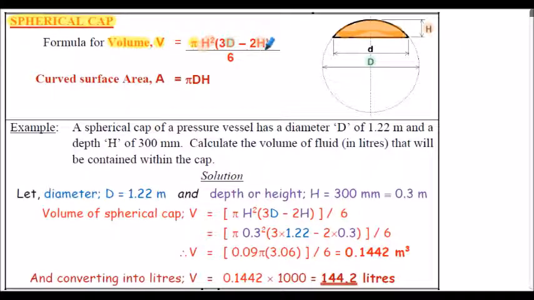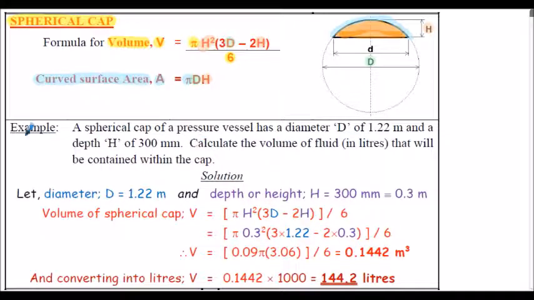And it's all divided by 6. So that's the formula for the volume of a spherical cap given without proof. If we want to calculate the curved surface area of the spherical cap, so the area of the dome effectively, then the formula is given as pi multiplied by diameter uppercase D multiplied by h, again given without proof.